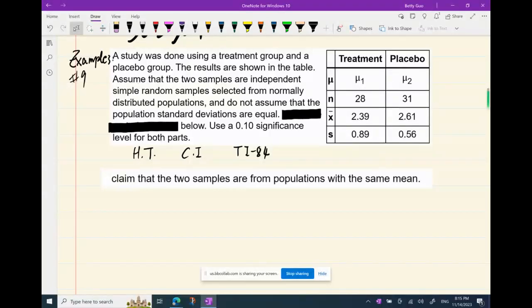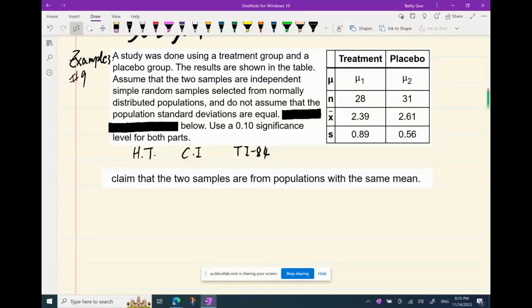So they always give you the same result, either all reject the null or all fail to reject the null. We are going to use all three methods for this question.